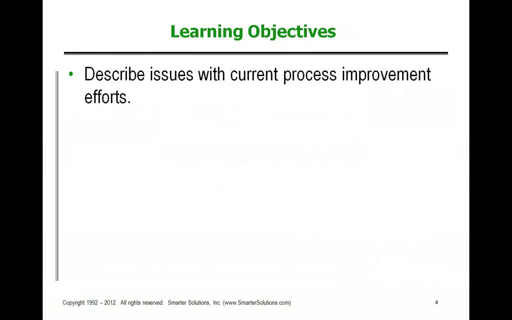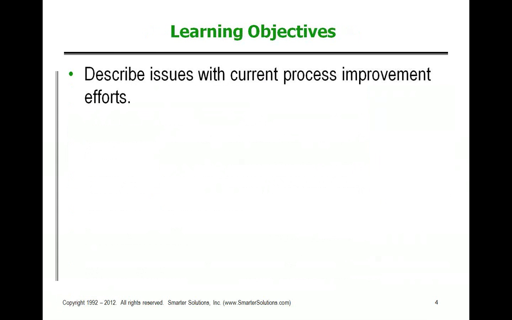Okay, great. Let's jump on in here. First off, I'd like to talk about the learning objectives from this webinar. I think there are some issues a lot of times with our process improvement efforts. A lot of times we don't really focus on the big picture when we're making process improvement efforts, and sometimes the people at the top of the organization don't see the value.